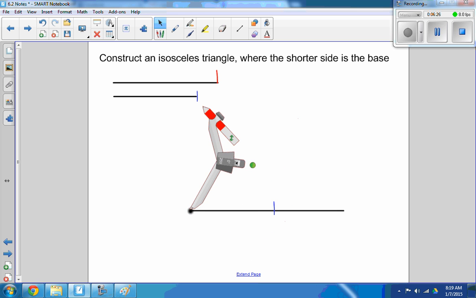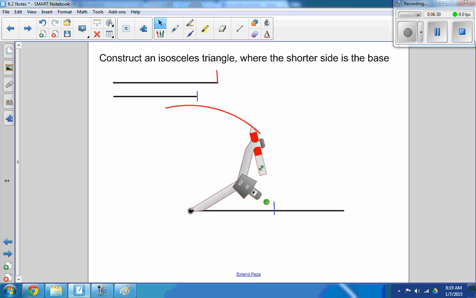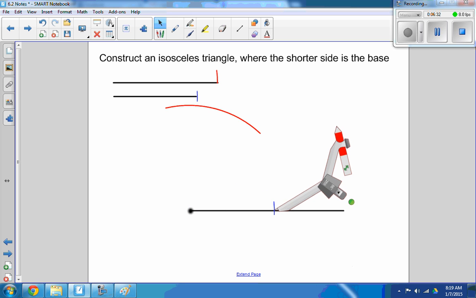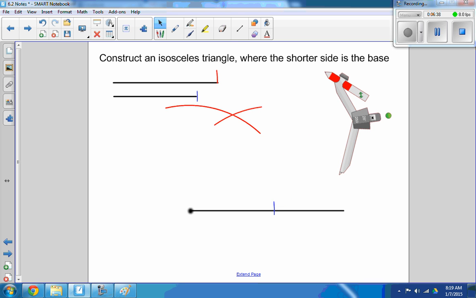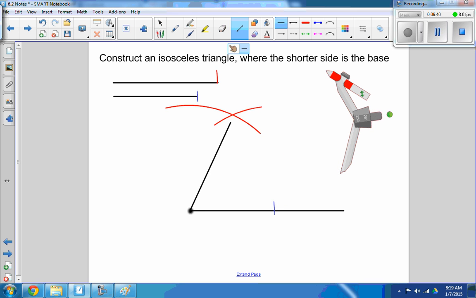Now, given this is isosceles, I know it's going to intercept somewhere at the top there in the middle of the base. And there we go. There's my isosceles triangle. Now let's mark it as congruent. So there we go, isosceles triangle.